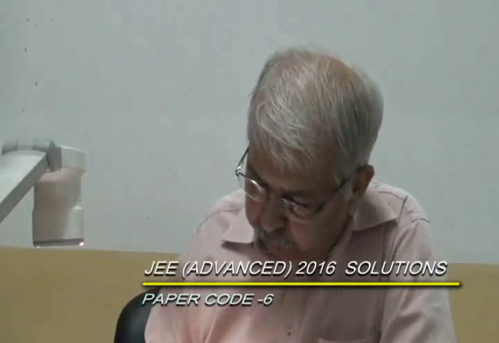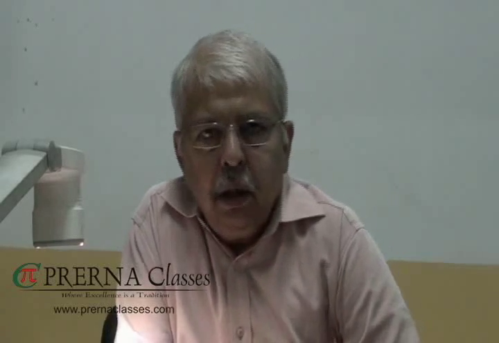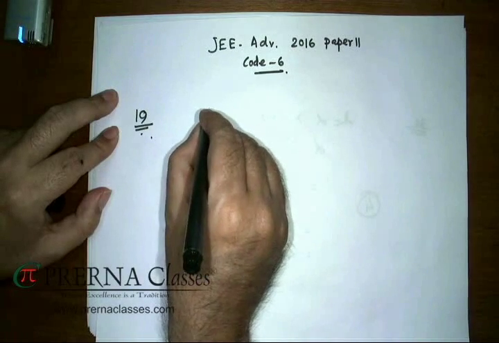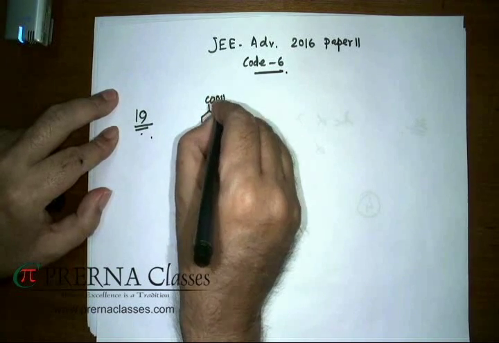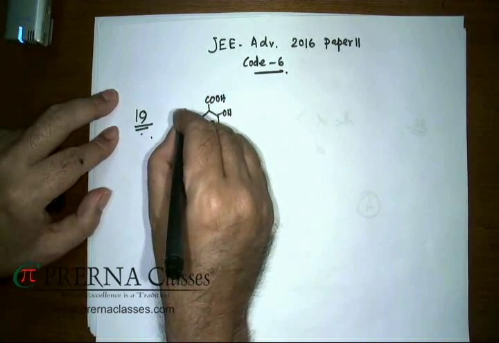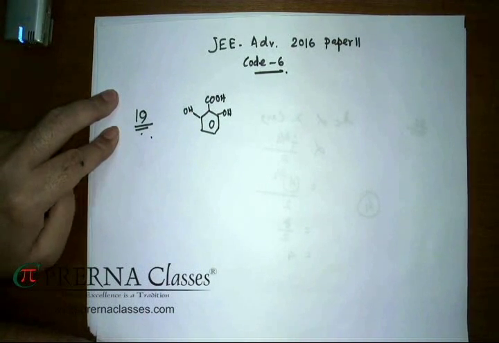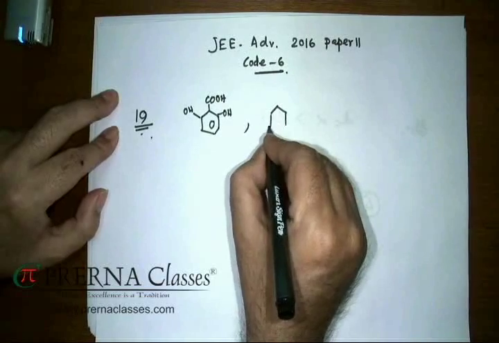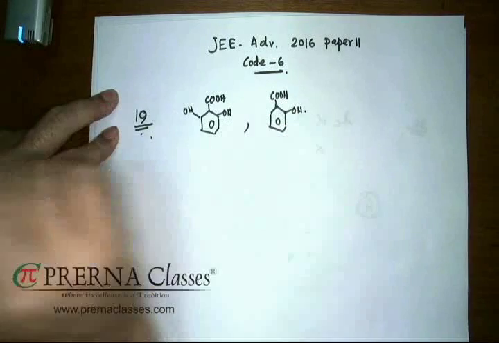Question number 19. You have been asked to predict the acidity order. Now, this acid is highest acidic because its conjugate base will be stabilized by hydrogen bonding, followed by this acid because of ortho effect.